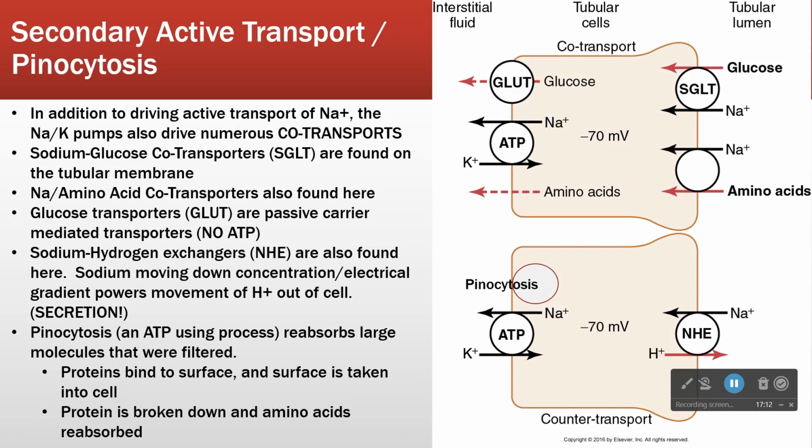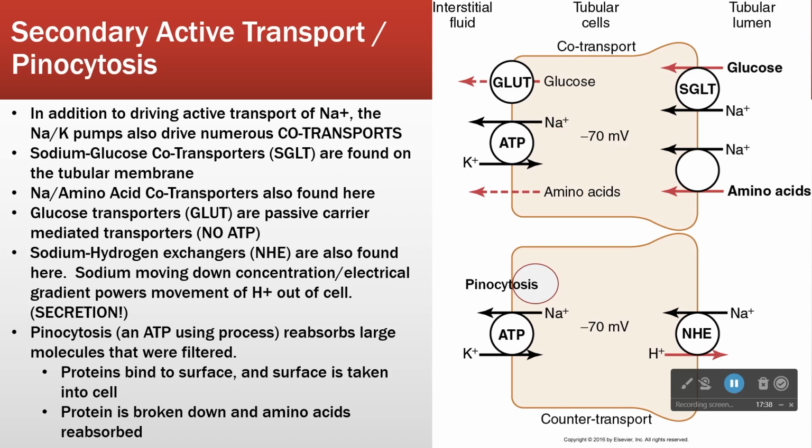The GLUT transporter, it's a passive carrier transporter, and glucose is moving down its concentration gradient towards the blood. Now, why down? Because the SGLT2 is essentially pumping glucose into the cell, right? Remember, sodium is falling, so that's moving glucose in relatively quickly.